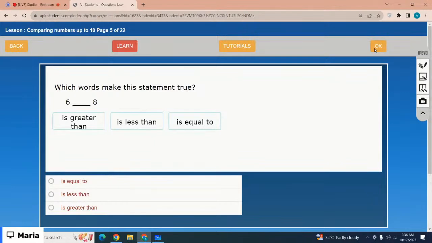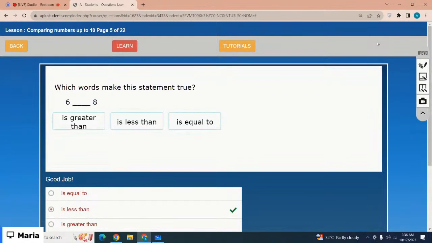The correct option is 6 is less than 8. The correct option is 6 is less than 8.